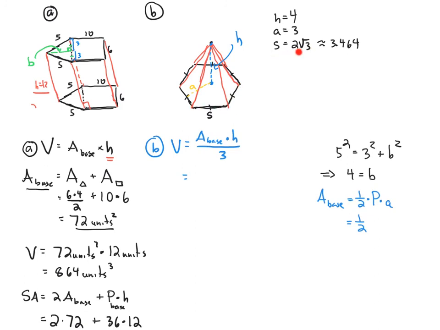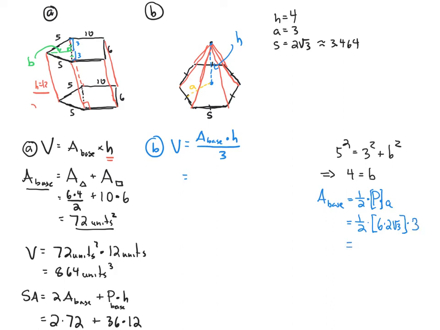The side length is given as 2 times root 3, which is around 3.464. I'm going to leave it as 2 root 3 because it's a lot easier to deal with. So it's a half times, well, the perimeter is 6 times the side length, 2 root 3. That's our perimeter. Maybe I'll put that in square brackets just so you can see what it is. Times the apothem, and the apothem is indeed 3.